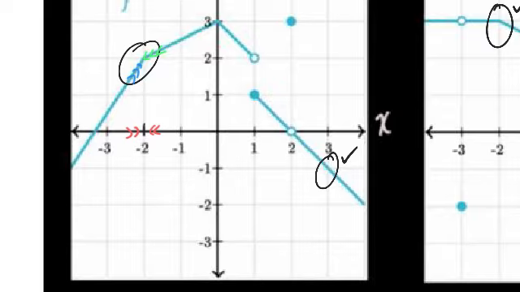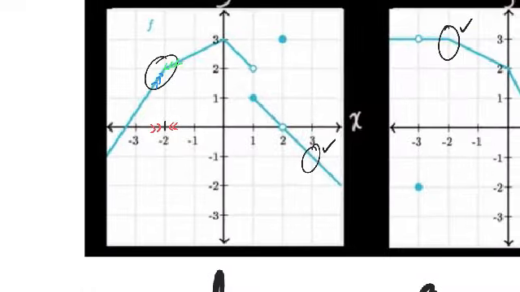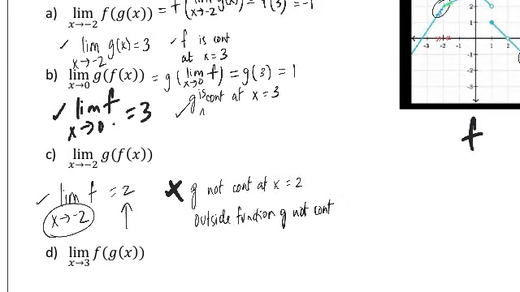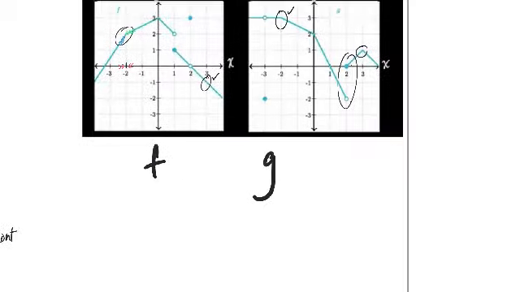So now we're looking at what the y value is doing. It's coming from the top and the bottom, right? So that means that this inside here is getting closer and closer to 2, both from the top and the bottom. So then I have to look at what the outside function g is doing to the left and the right of 2, right?